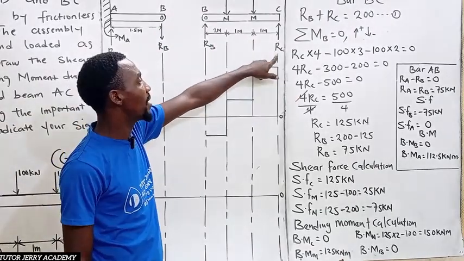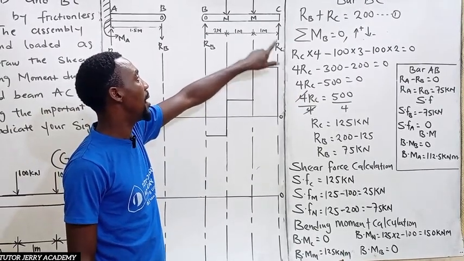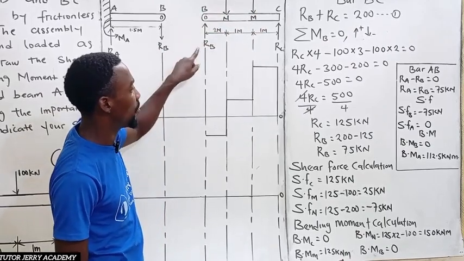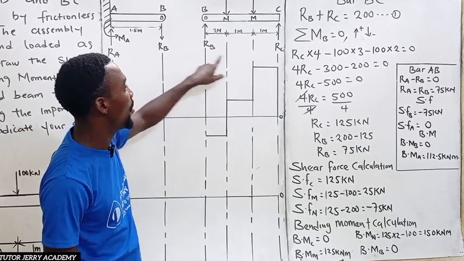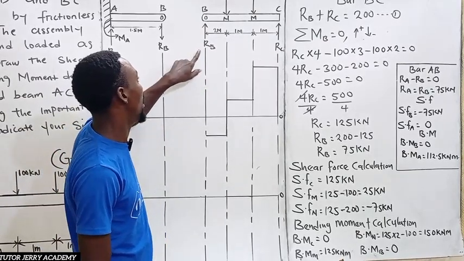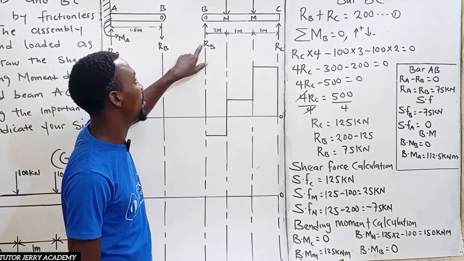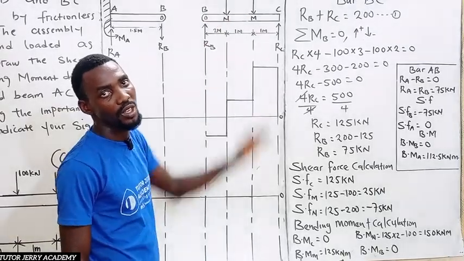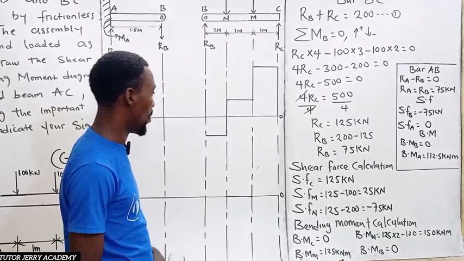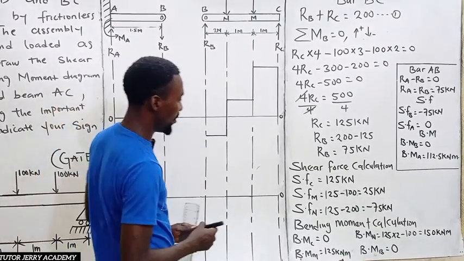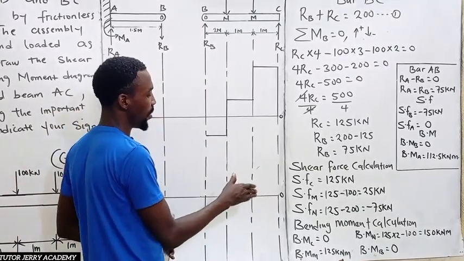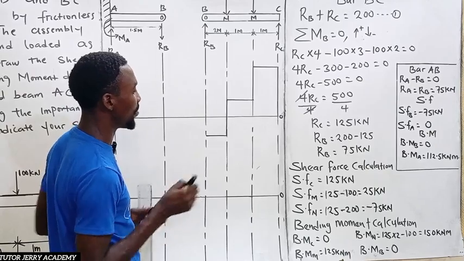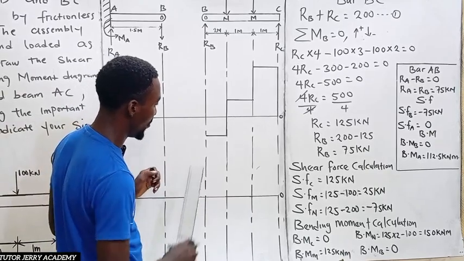So it's going to be 125 minus 100 minus 100, then plus RB, which is 75. 125 plus 75 is 200, and 100 plus 100 is 200. So it's 200 minus 200, which is nothing but 0. So it means we are going back to 0. Please take note of that: the shear force at point B is 0.